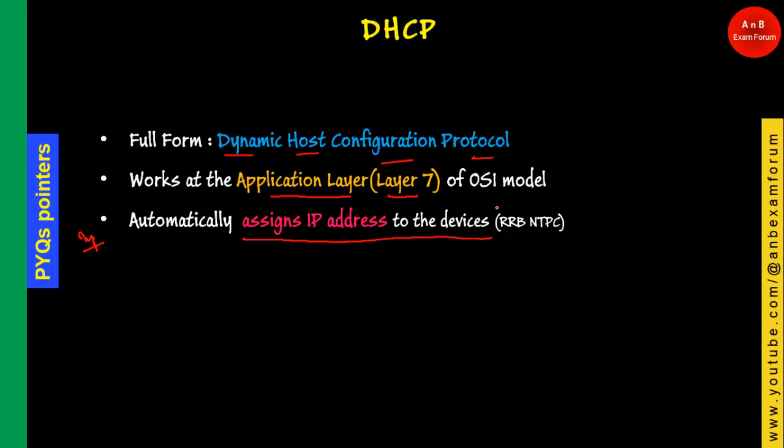It is not like we have to assign it for every PC. It is going to assign the IP address to the device automatically, and it works at port numbers 67 and 68.